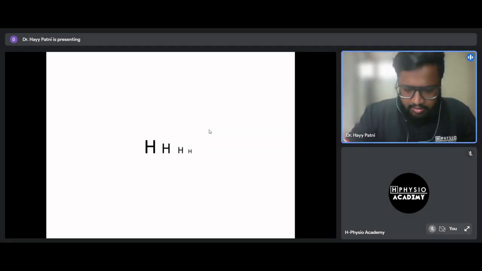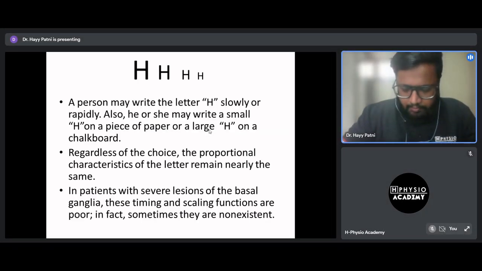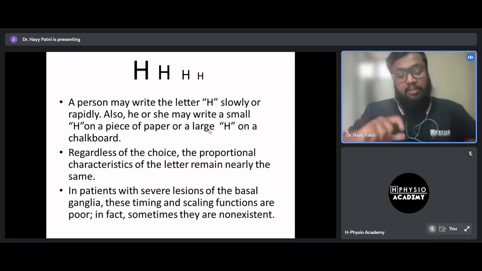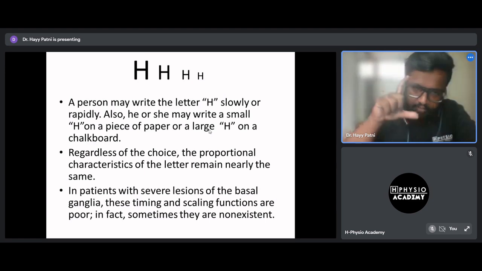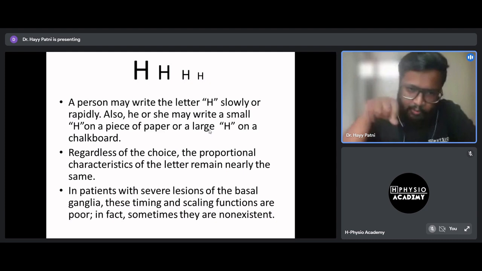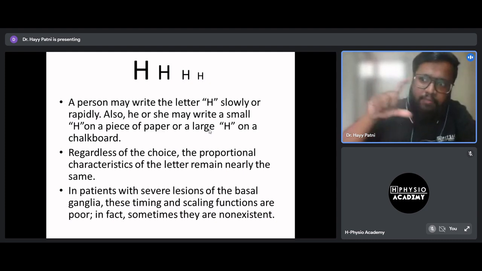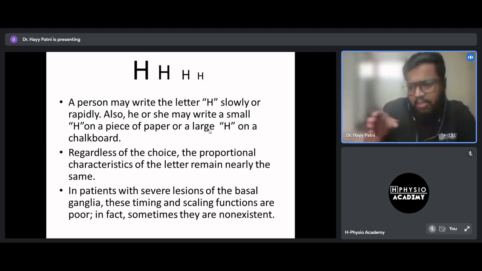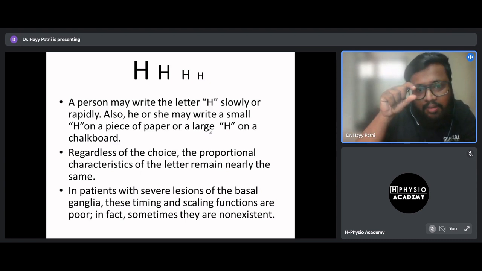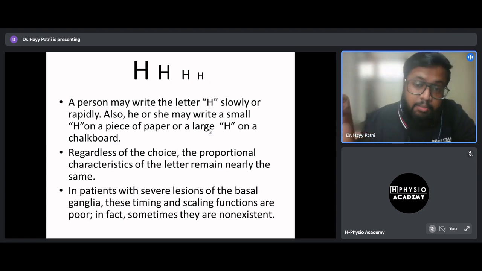Now to understand this, it is a very important aspect. Some of you might have been writing very fast, some very slow, some with different sizes. But whether you change the size of the alphabet or the speed at which you write, you can see that the pattern of your alphabet does not change.